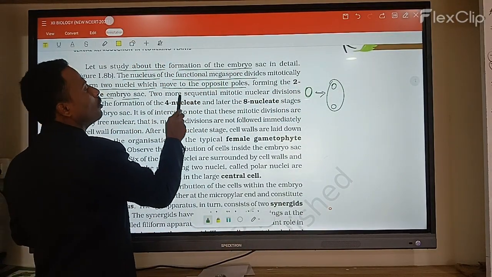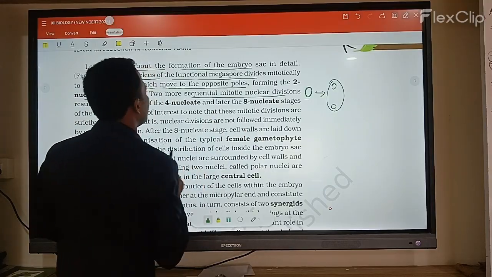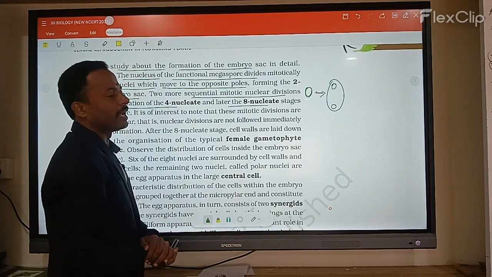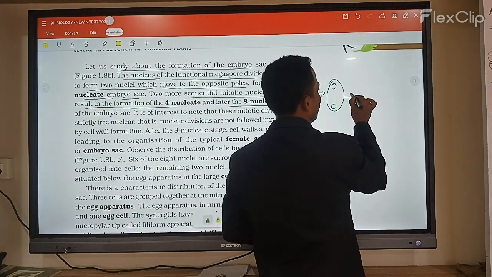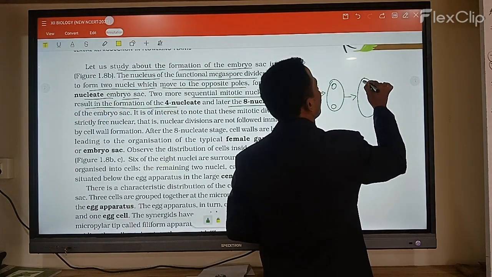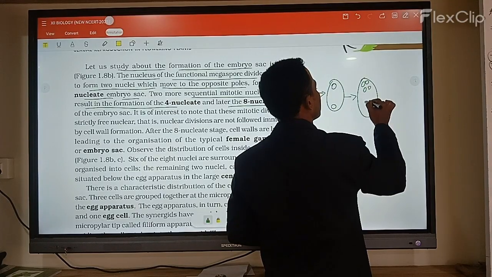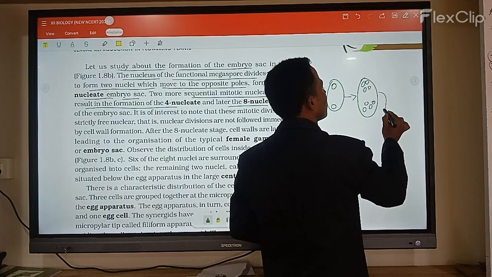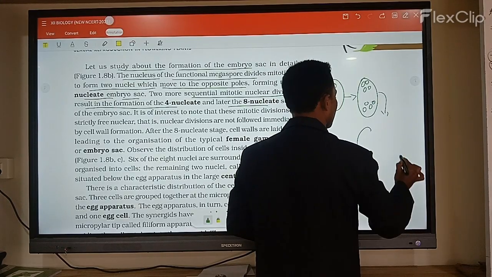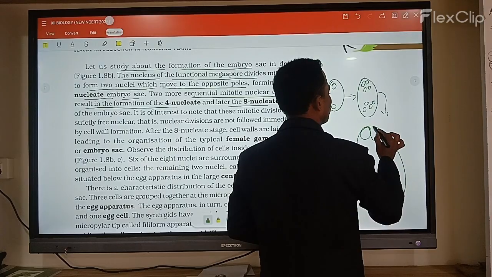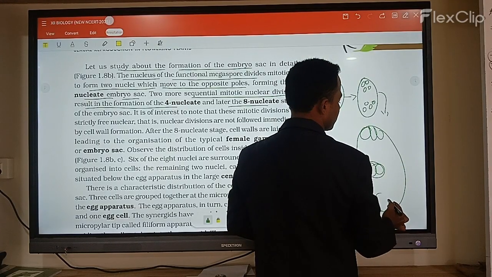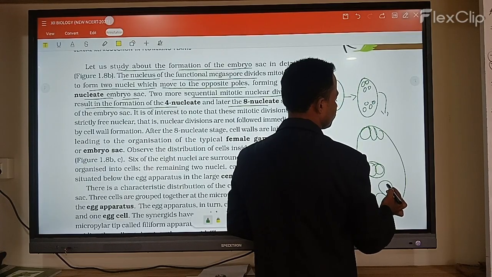Two more sequential mitotic nuclear divisions result in the formation of a four-nucleate stage and later an eight-nucleate stage.